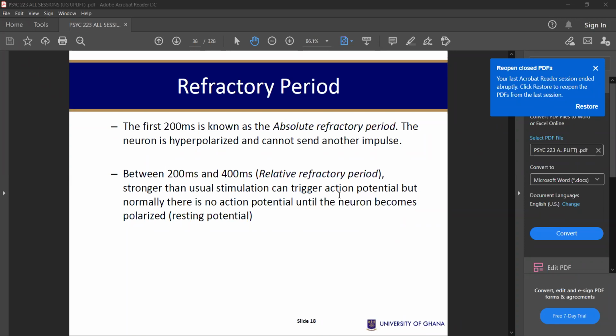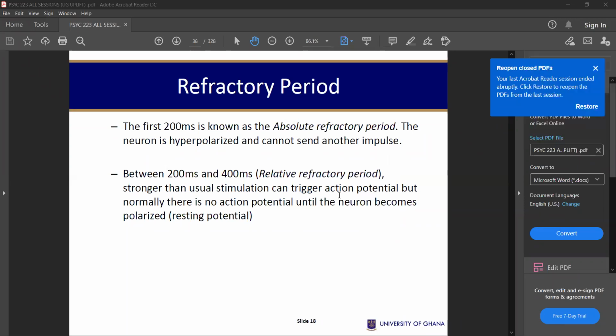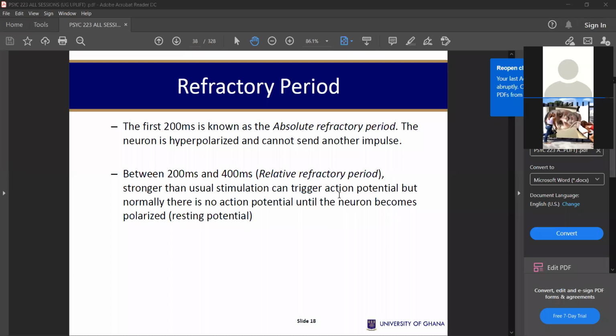The thing is, we have certain things known as endorphins within our brain. So it's more or less like you are forcing the body to be in a refractory period stage, which is quite unnatural. But definitely it means the body is within a refractory period stage because of the anesthesia we gave.